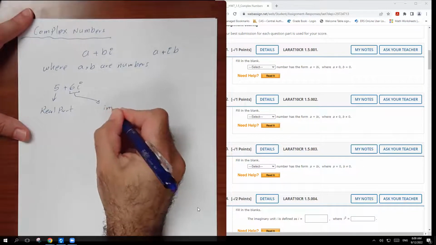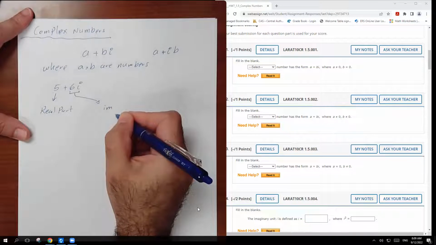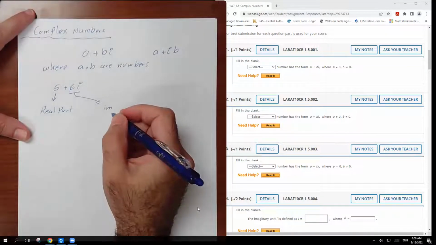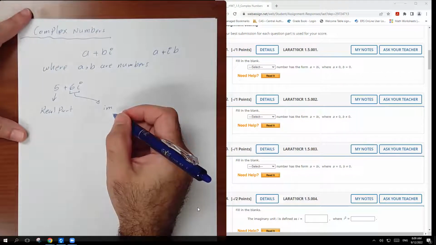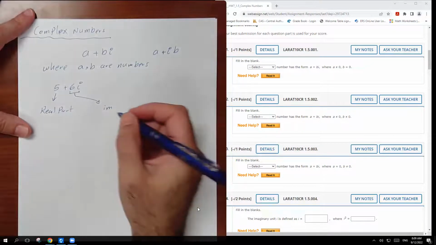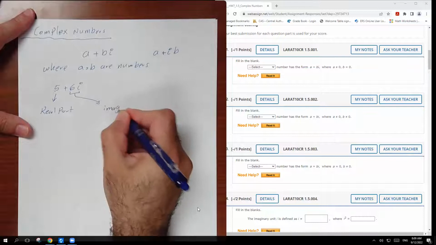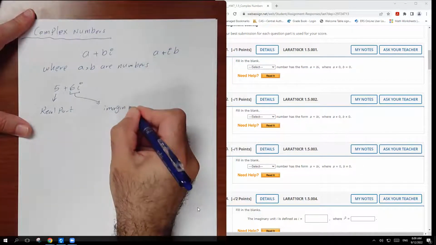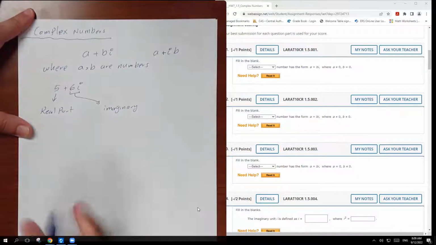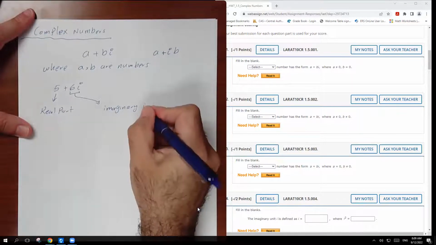Write these down, because they're going to ask you exactly the same thing on Grouptime. There's a real number and there's a pure imaginary number. This is the real part and this is the imaginary part.